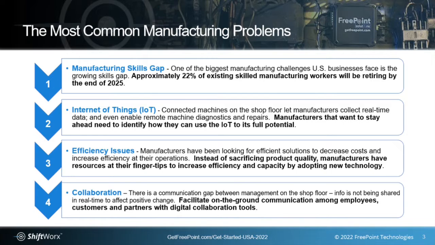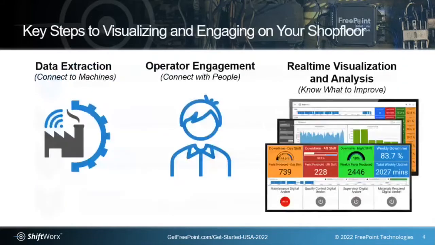The best way to think of the FreePoint solution is that ShiftWorx focuses on three things: data extraction, as you'll see on the left of your screen, operator engagement in the center, and then visualization of the data, or connection to other data platforms, on the right.